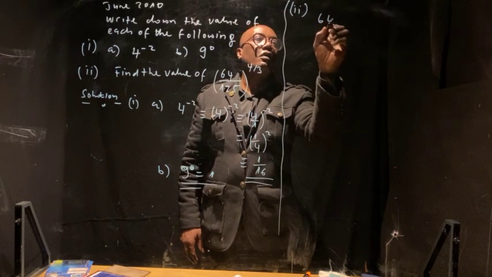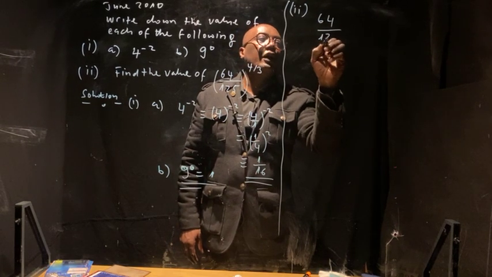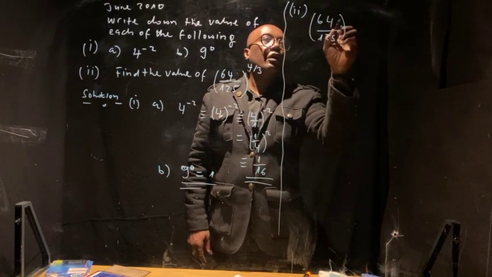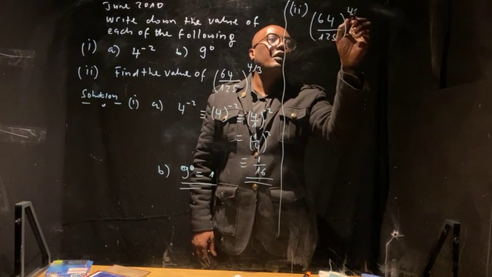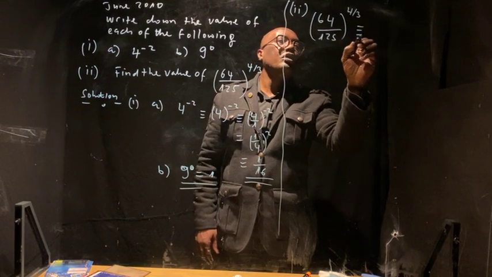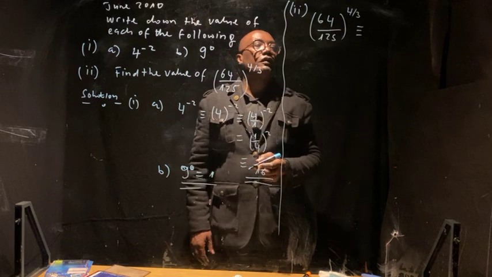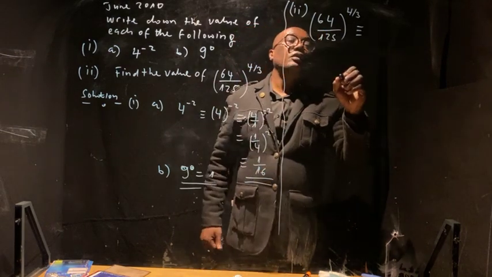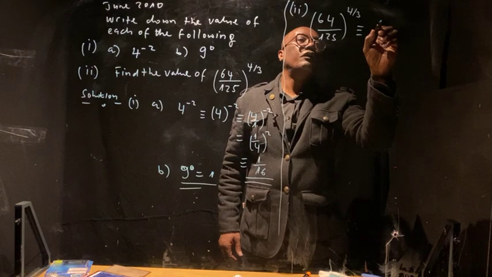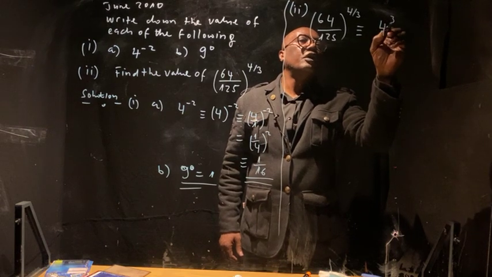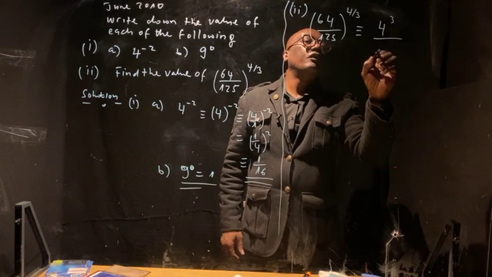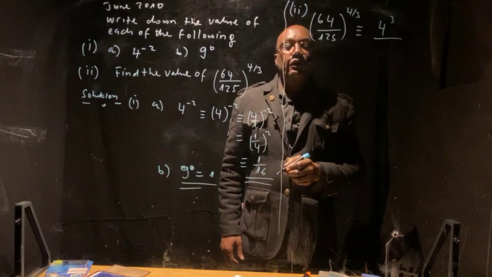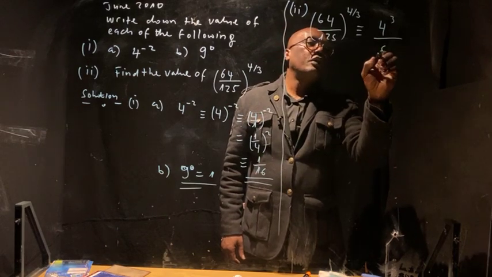What is 64? 64 is 4 times 4 times 4, which is 4 raised to the power 3. What is 125? 125 is 5 times 5 times 5, 5 raised to the power 3.